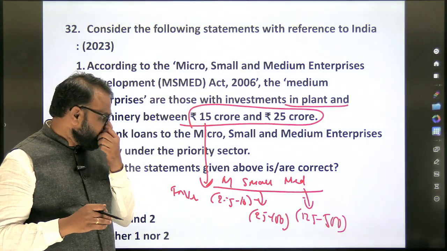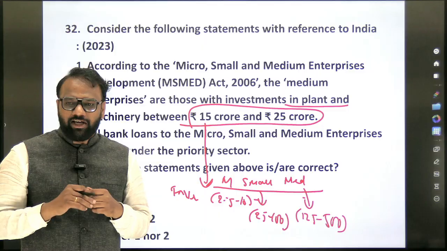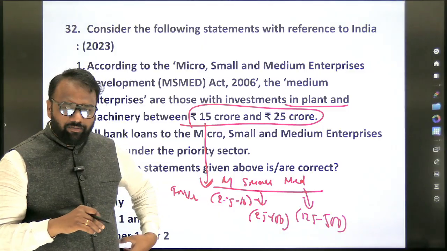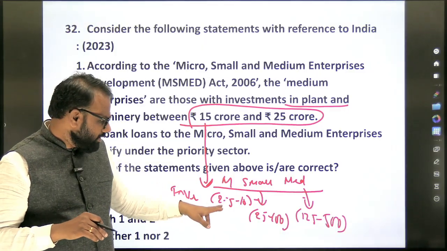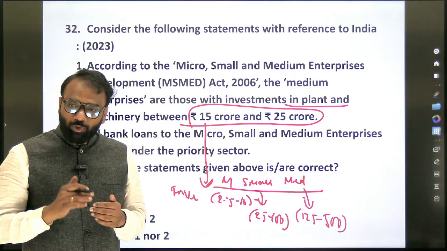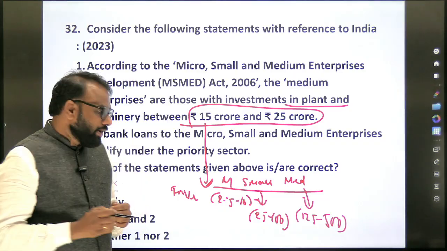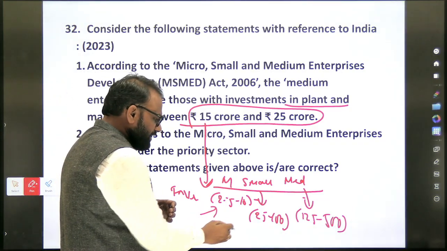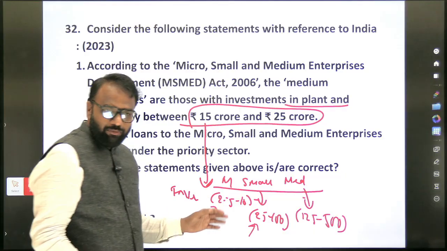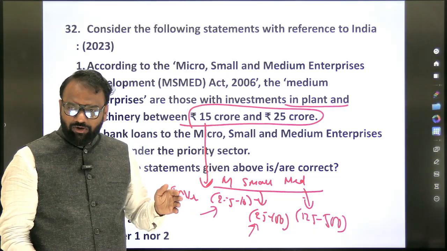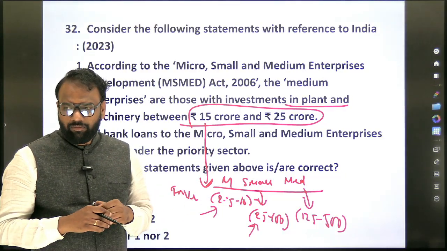Okay. Then what will be the investment? What investment range is considered as what? What is the investment range then? Minimum 2.5 crore or up to 2.5 crore? Okay, up to 2.5 crore investment. Here up to 25 crore. Means more than 2.5 crore and less than 25 crore?